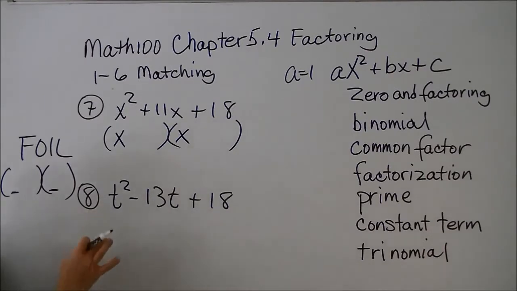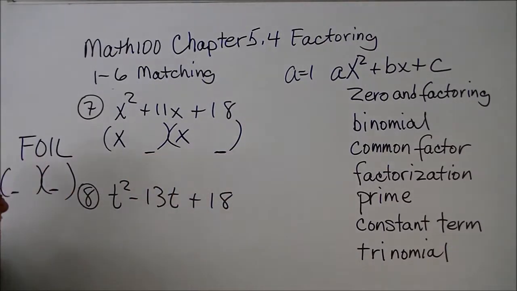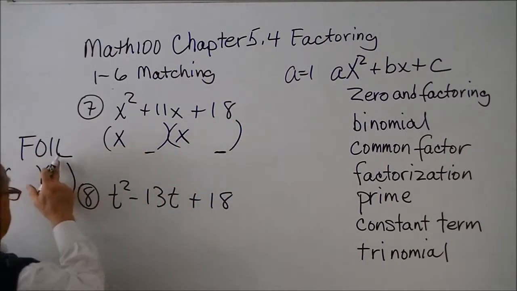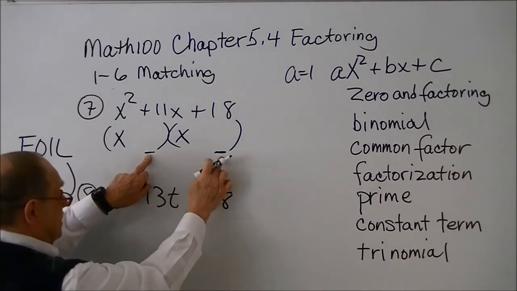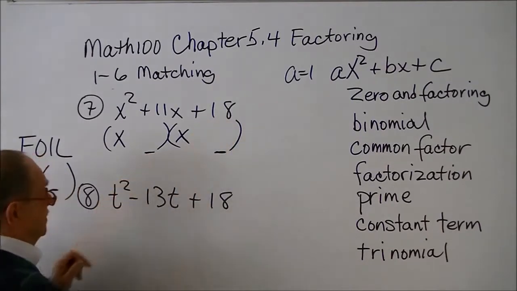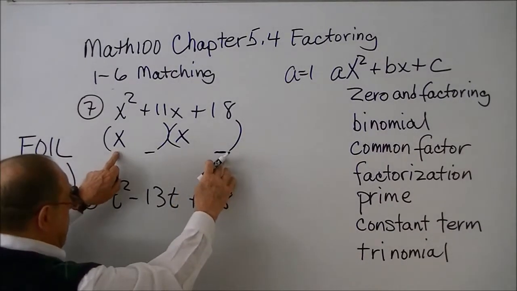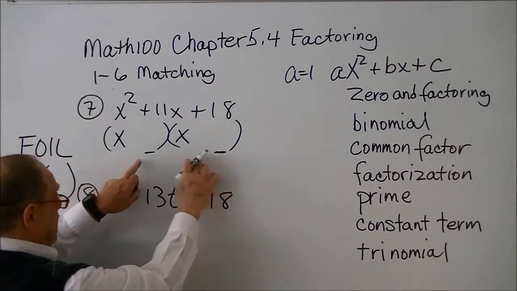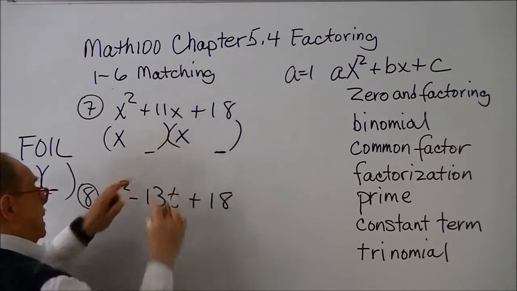Now we're going to reverse this a little bit, because what I'm going to suggest is, how did we get that last term, the L in FOIL? Well, we multiplied this times this and got this term. But we also have to remember that we multiplied the outers and then the inners, added them up to get 11.